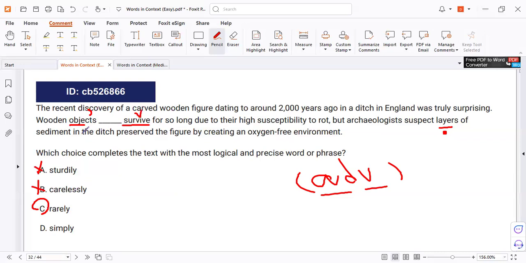How the wooden object survive for so long due to their high susceptibility to rot. Susceptibility means vulnerability. It's exposed to be rotten, to be despoiled. If something is going to be despoiled or spoiled or destroyed, it cannot survive. And here means not.